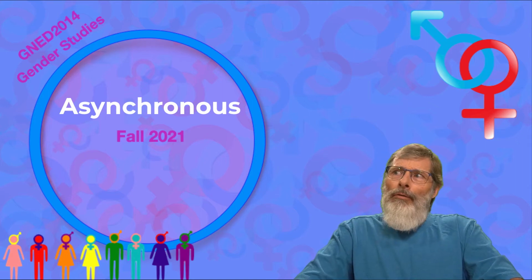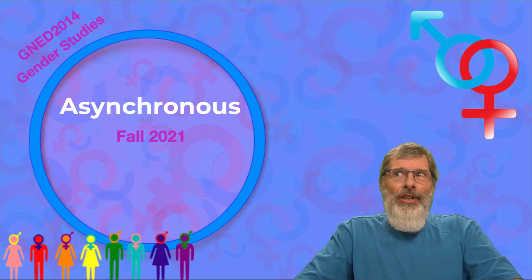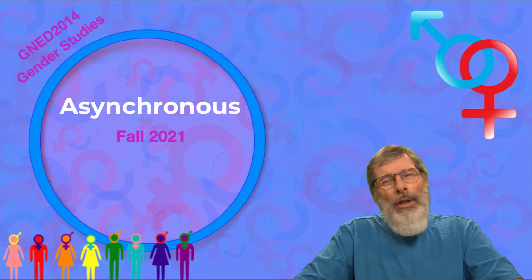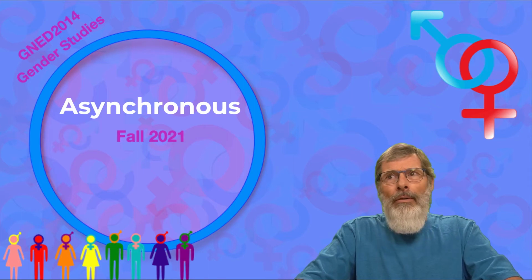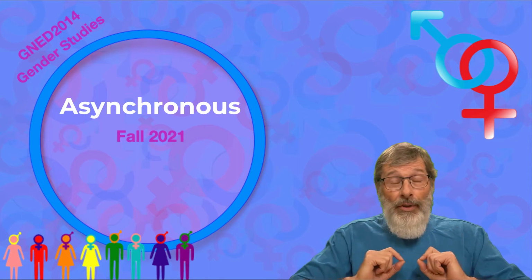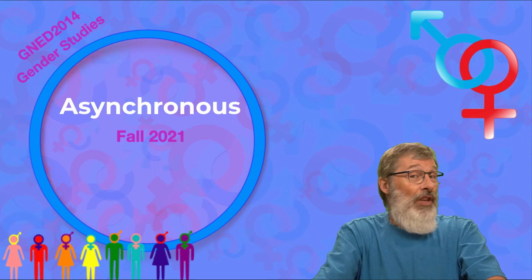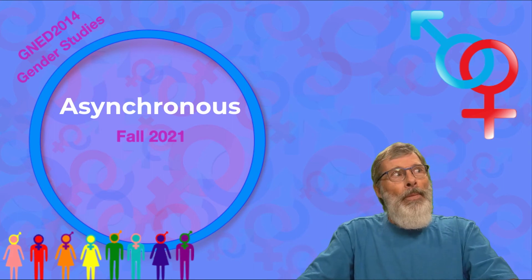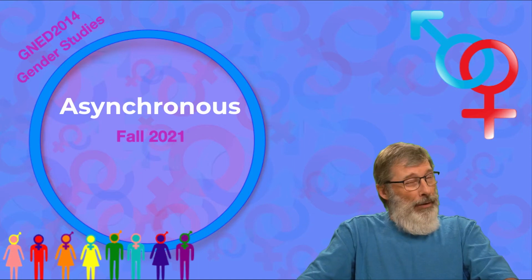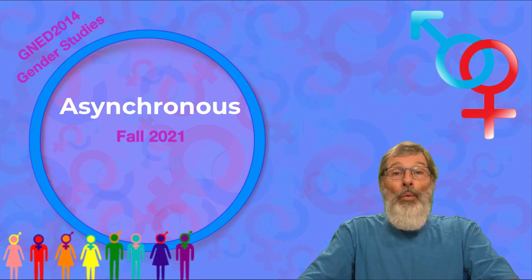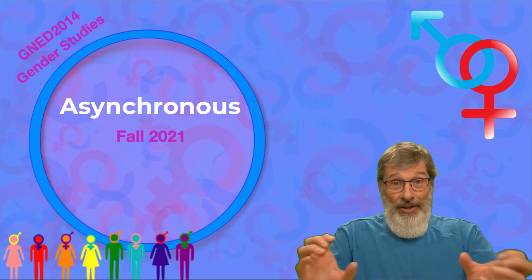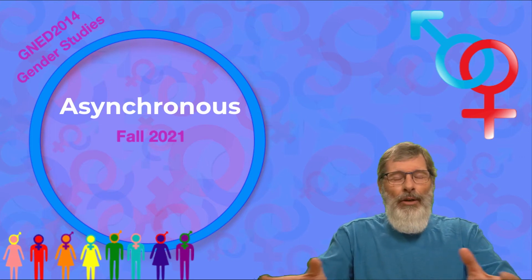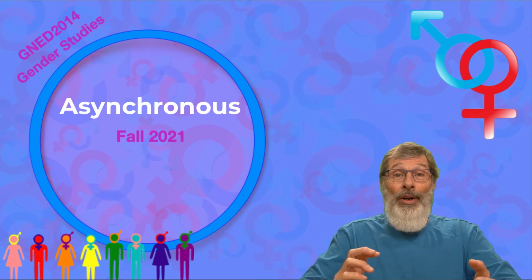Now, for gender studies, this is an interesting course because we're going to be touching base on a number of topics, but looking at the role of gender in our lives as well as in the way that society views gender. We're going to look at gender, some of the research behind it and the theories behind it. We're going to be looking at the 3 components, sort of how they interact and intersect and support one another.